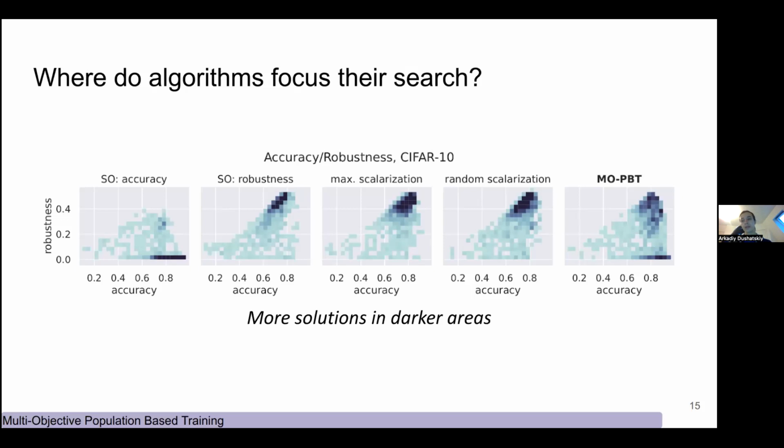And solutions in MO-PBT are scattered quite nicely along the whole trade-off front. And this is explained by the fact that we use a naturally multi-objective technique, which doesn't explicitly focus on just some areas of the trade-off front. Instead, it tries to optimize the whole trade-off front as one.